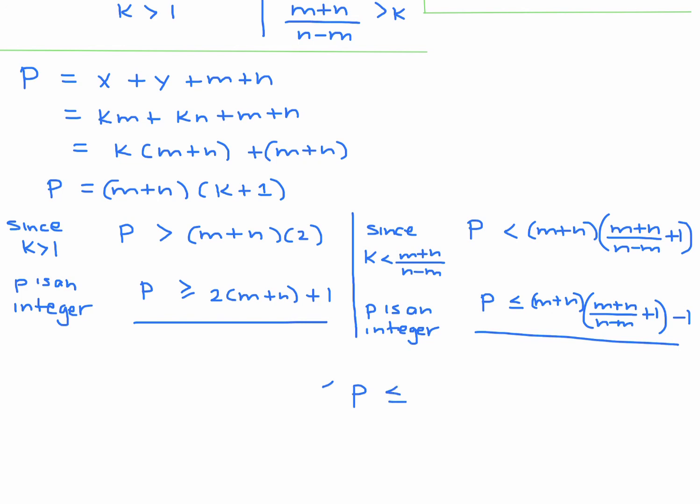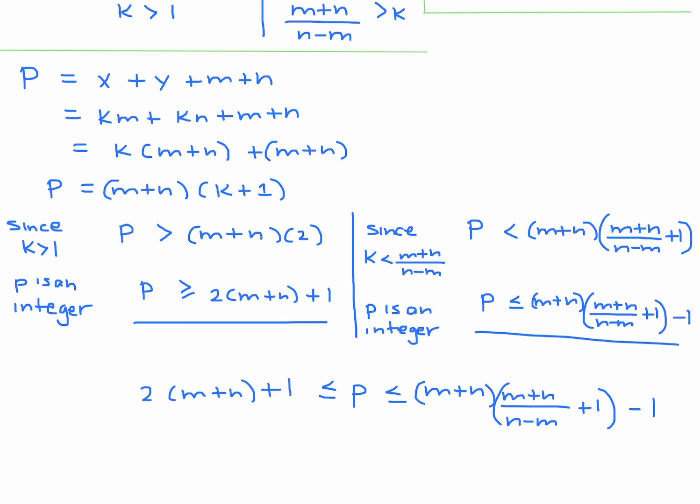Combining, it gives me a range that P is between. It's either less than this guy, M plus N times M plus N over N minus M plus 1 all minus 1, or it's greater than this guy, which is just 2 times M plus N plus 1.